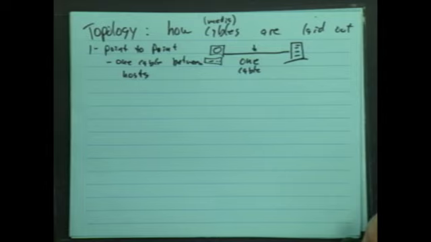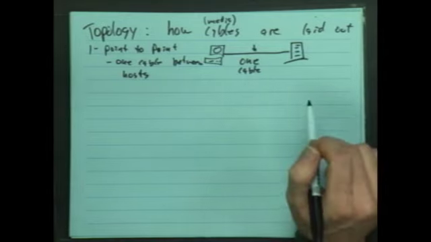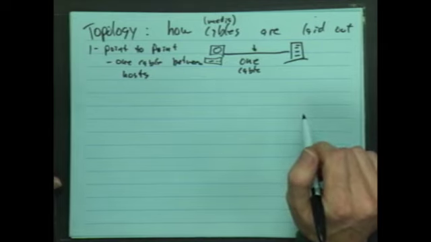This is the simplest one, but how many hosts can be on my network in a point-to-point topology? 2. I get 2 and that's it.